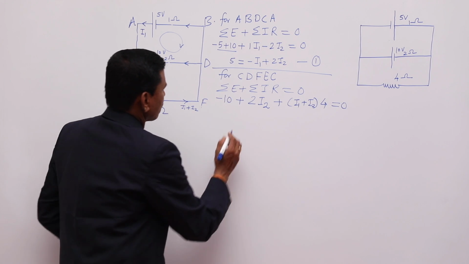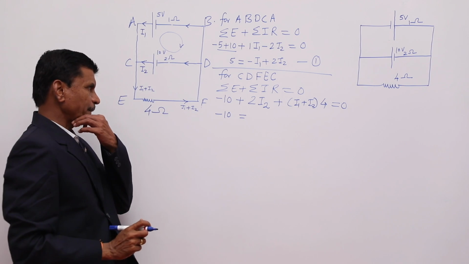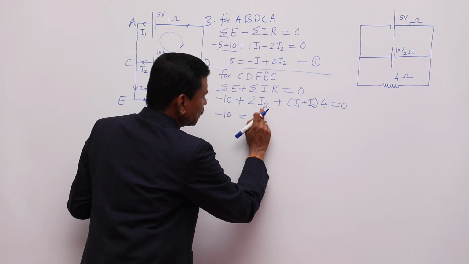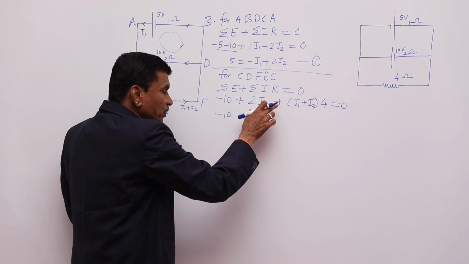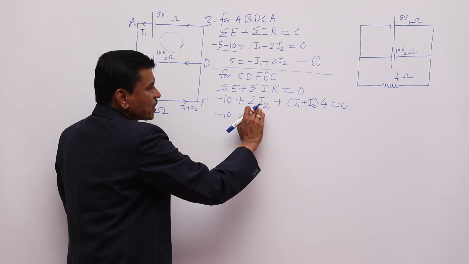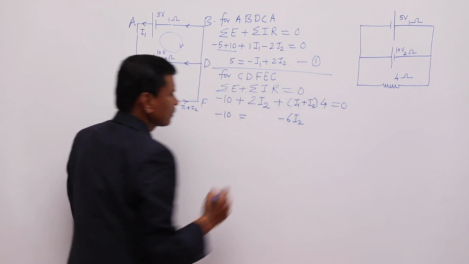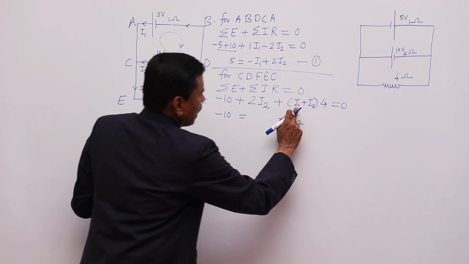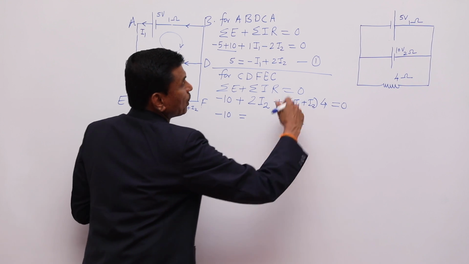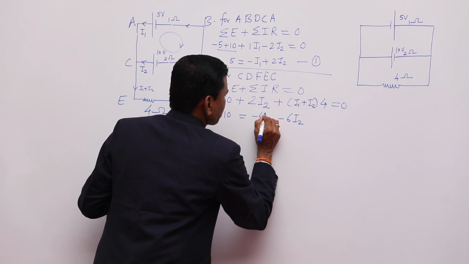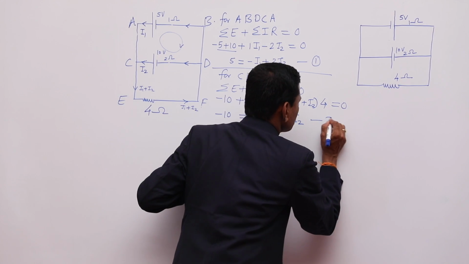Write this equation: minus 10 is equal to, this is 2 I2 and this is 4 I2, so that is 6 I2, and taking 6 I2 to the right side, minus 6 I2 here. Now I1 into 4 is 4 I1, but taking 4 I1 to the right side, so minus 4 I1. So that is equation number 2.